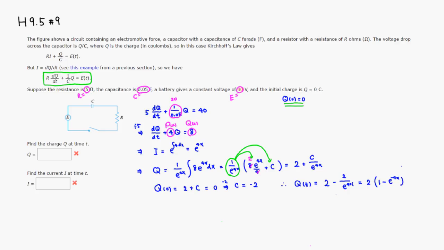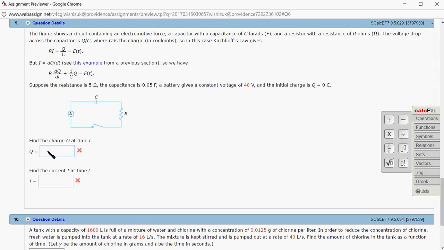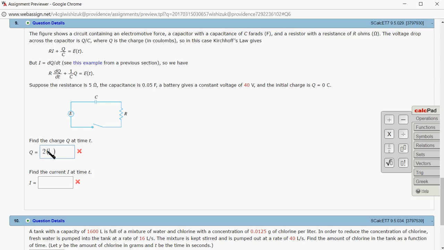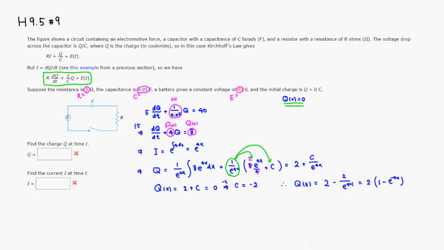So let's type it in. You have 2 times 1 minus e to the -4t, actually t, sorry, instead of x. Did I use x? Yes, I did. I used x all over the place, so it should have been t.